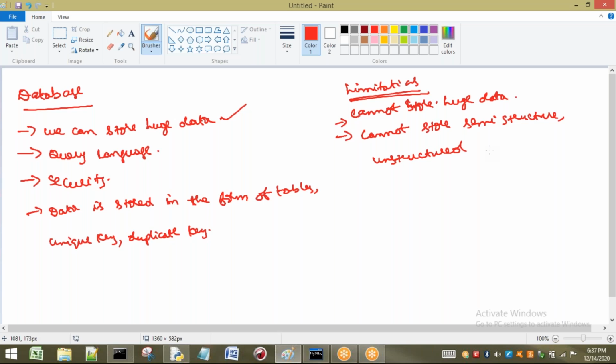There are many databases, like MySQL, SQL Server or Oracle SQL, MongoDB, Gadfly, SQLite, and so on.